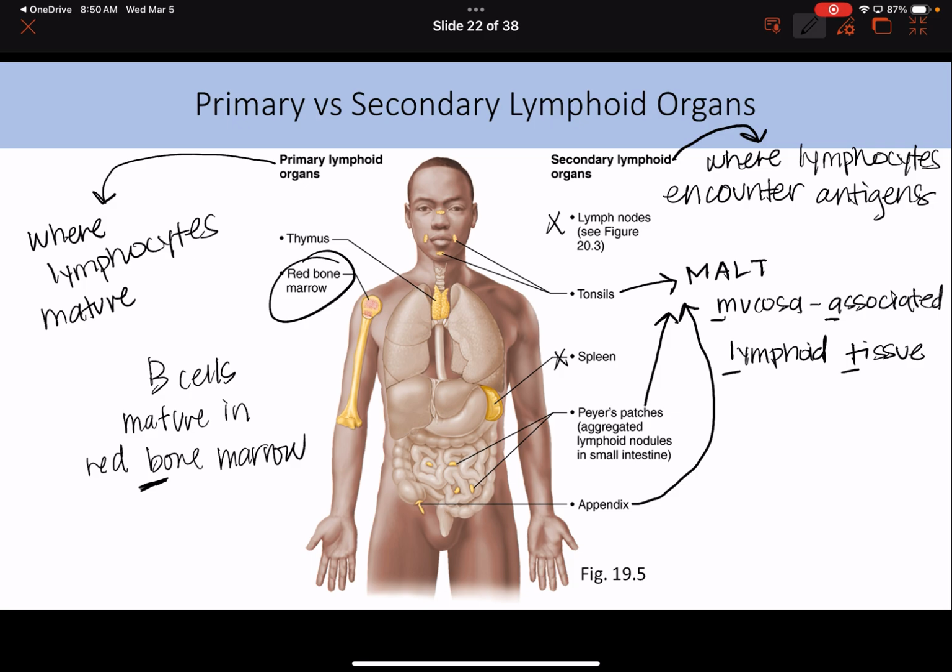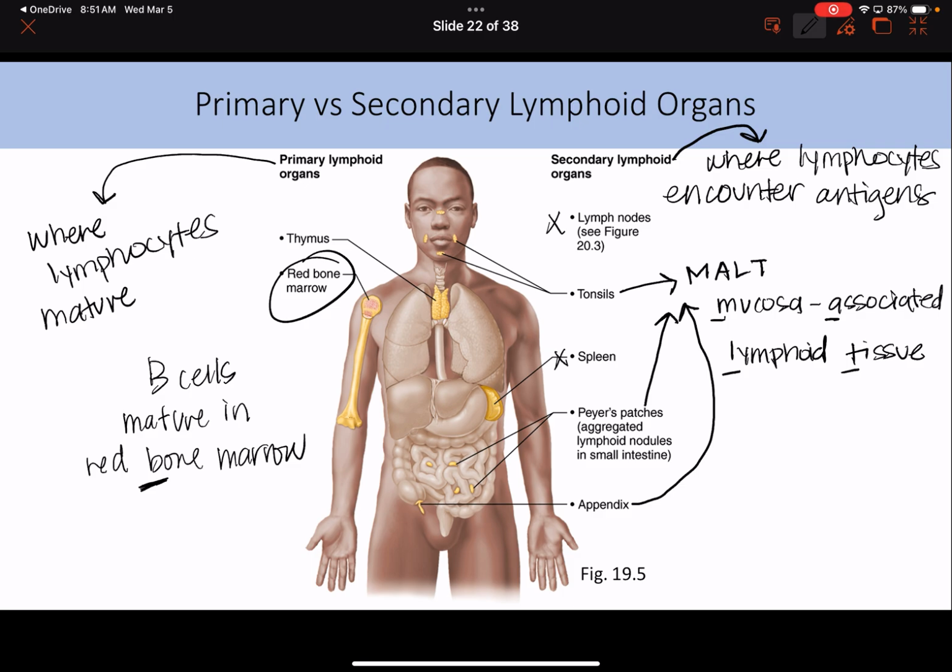So these organs, like your tonsils, your Peyer's patches in your intestines, and your appendix, are all associated with that mucus layer in your digestive system. So your tonsils, Peyer's patches, and appendix are part of MALT, mucosa-associated lymphoid tissue, which is important because you could possibly be introducing lots of different pathogens from the food that you eat through your digestive system.